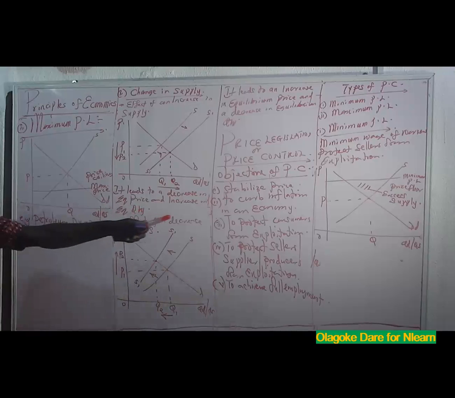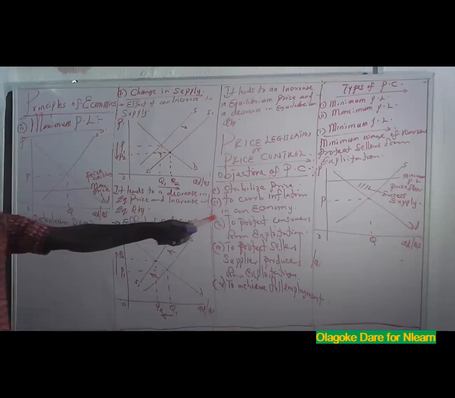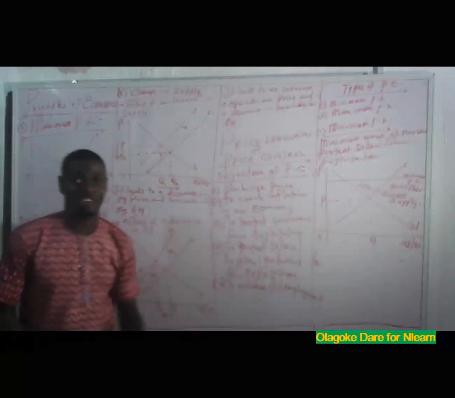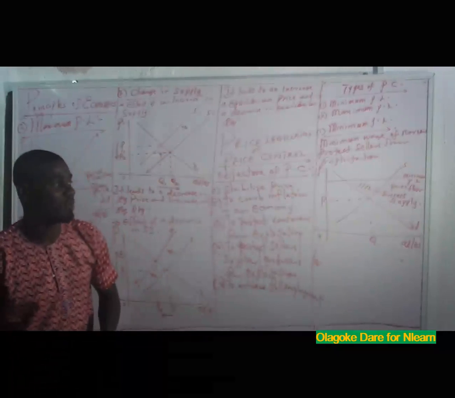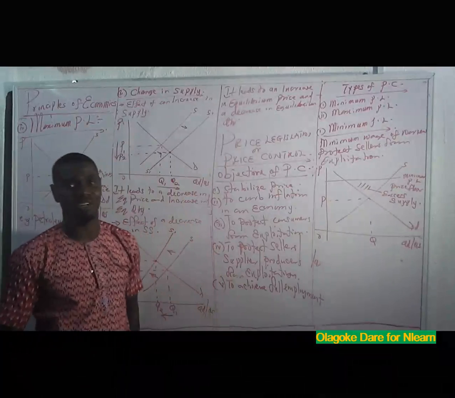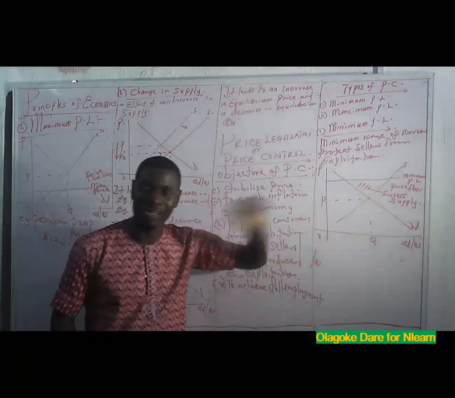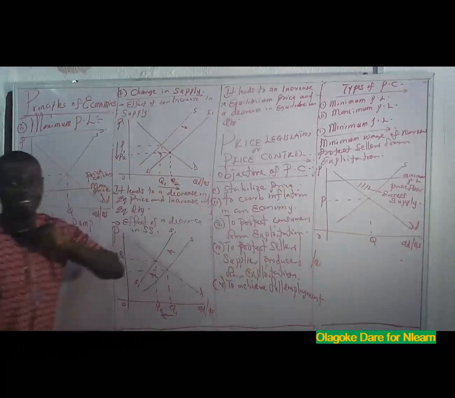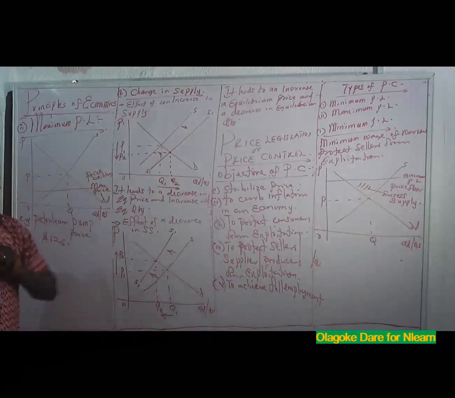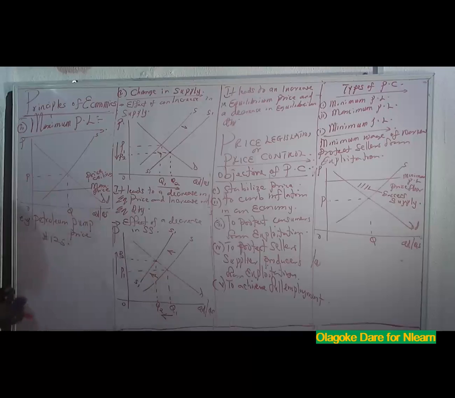Just like the minimum wage in Nigeria has been increased to 30,000 naira. So as a laborer, you are not meant to collect below 30,000 naira. It is meant to protect your labor service as a seller of labor. That's under minimum. Maximum price legislation is meant to protect consumers from exploitation.